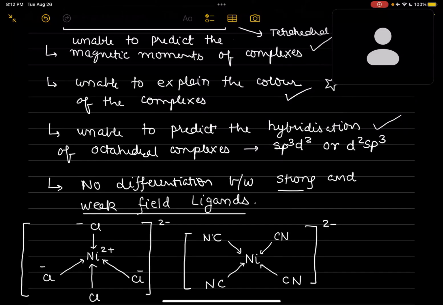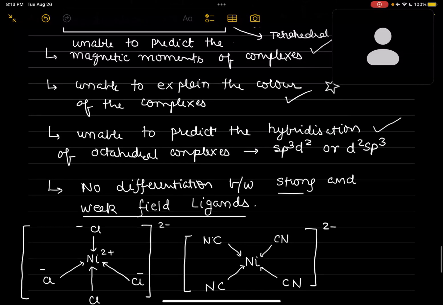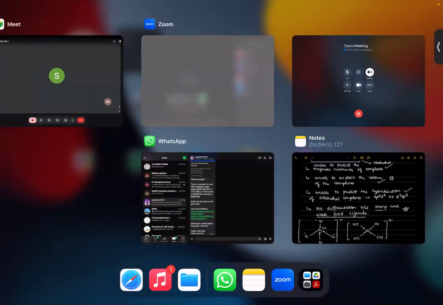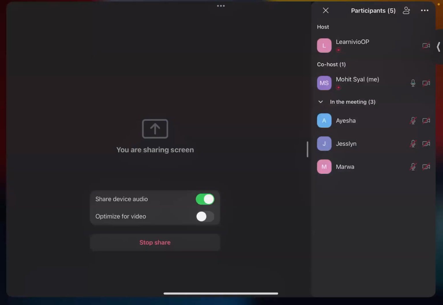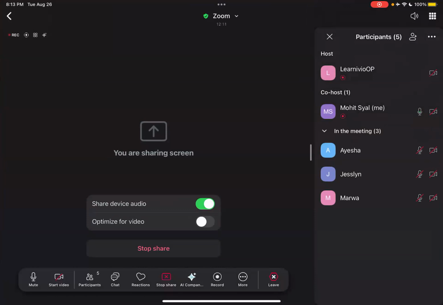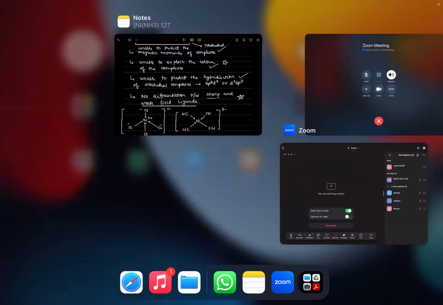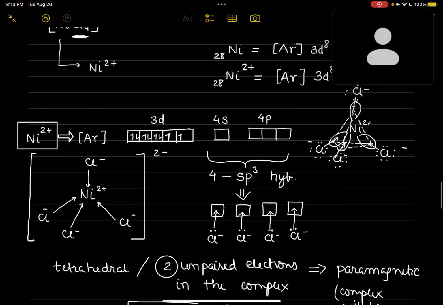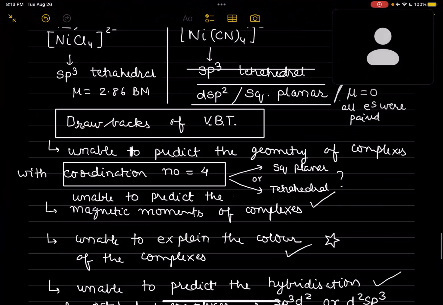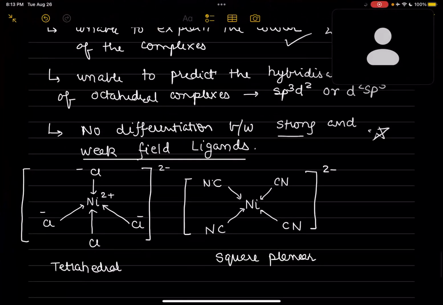And the main reason is that valence bond theory doesn't differentiate between the strong and the weak ligands, because once you are able to differentiate between strong and weak ligands, you can clearly solve this problem.